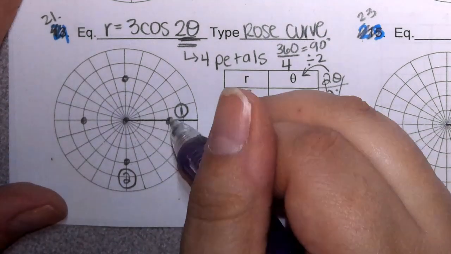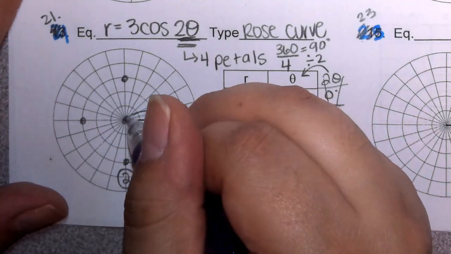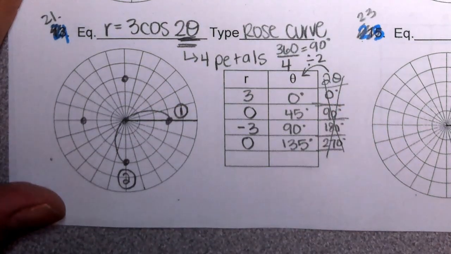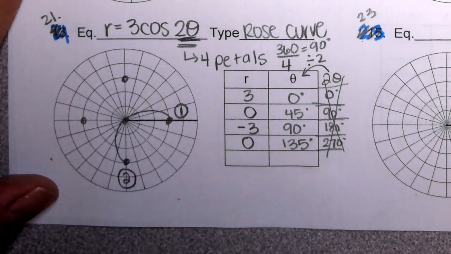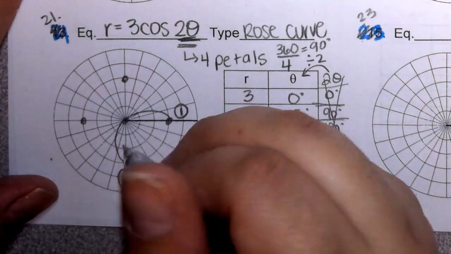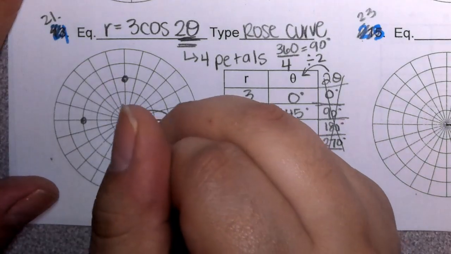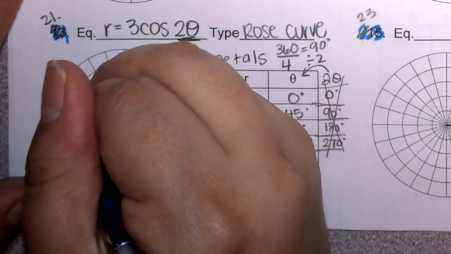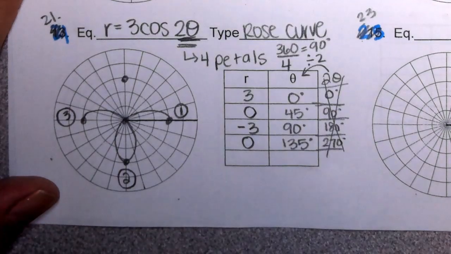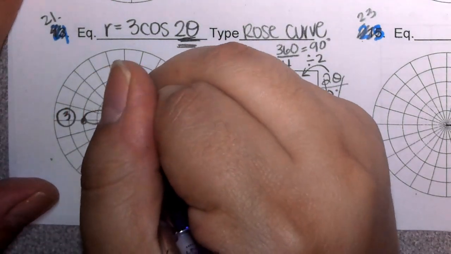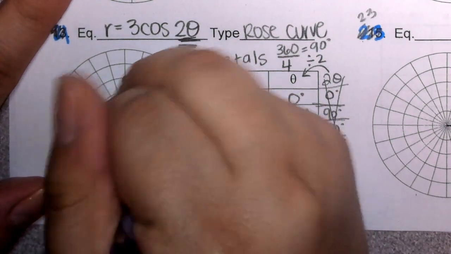It told me to start at 3, 0, go to the pole, and then go right here. Where is it going to take me to next? To the left. So this is my third one. And then, let's actually go through the pole.